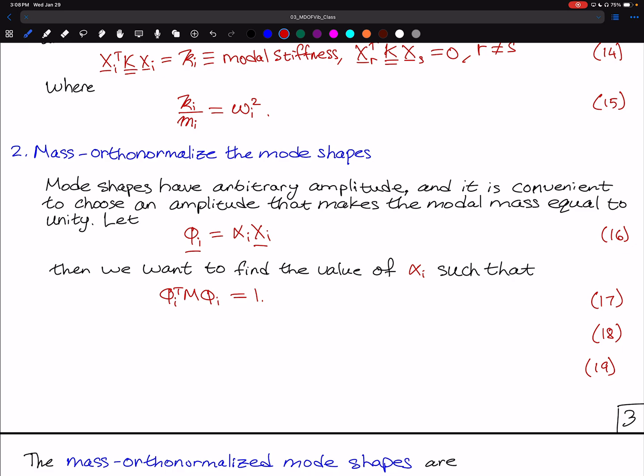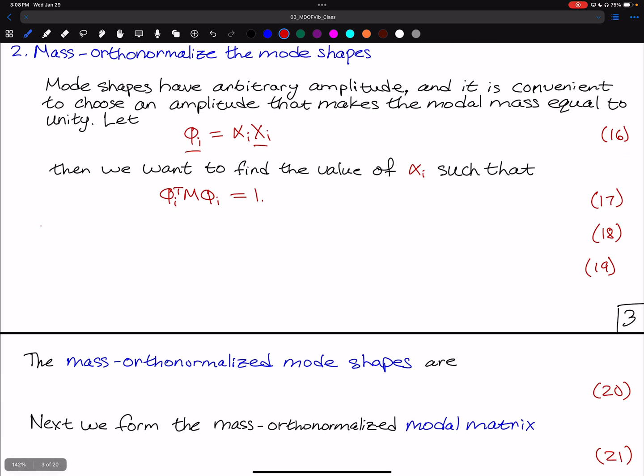So we'll write this out and expand it. Phi_i transpose M phi_i is equal to alpha_i Xi_i transpose M times alpha_i Xi_i. Alpha_i is a scalar, so we can pull it out, and we get alpha_i squared times Xi_i transpose M Xi_i.